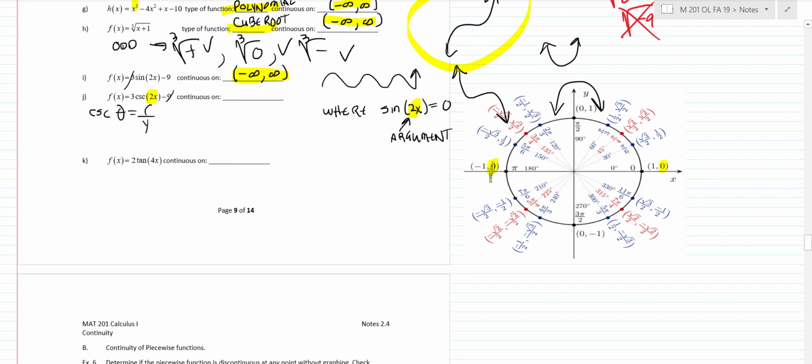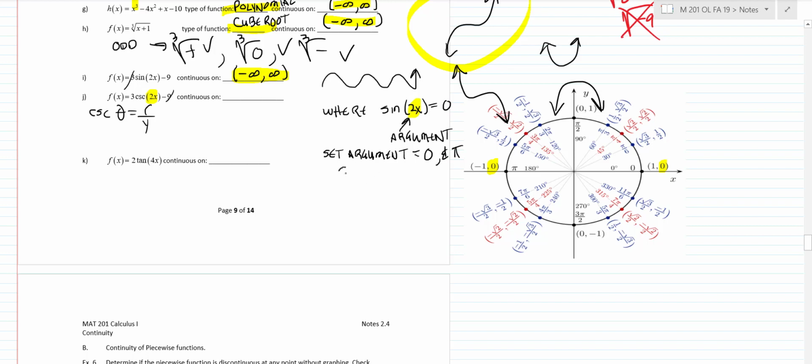Remember the sine's the y value, so they've got these two places here. So this is what you do. You set the argument equal to 0, and then you set it equal to pi, because those are two places that make the sine 0. Now see, this has what we call a period change, so the vertical asymptote changes to a new location.